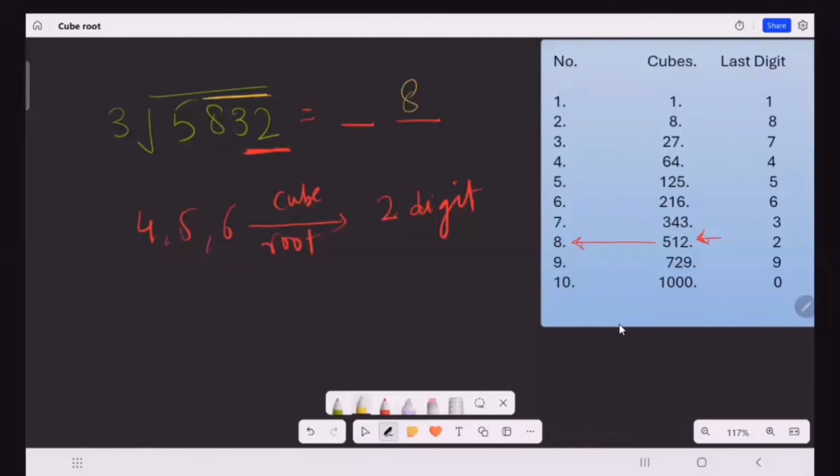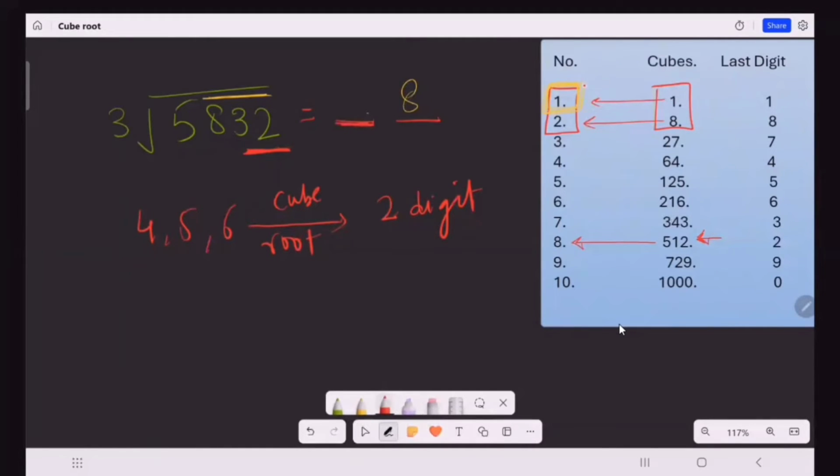The next step is to ignore the right 3 digits of 5832, that is 832. Now the remaining number is 5. So now I'm going to look for this number in our cube column. 5 lies between 1 and 8. The corresponding number of 1 is 1.